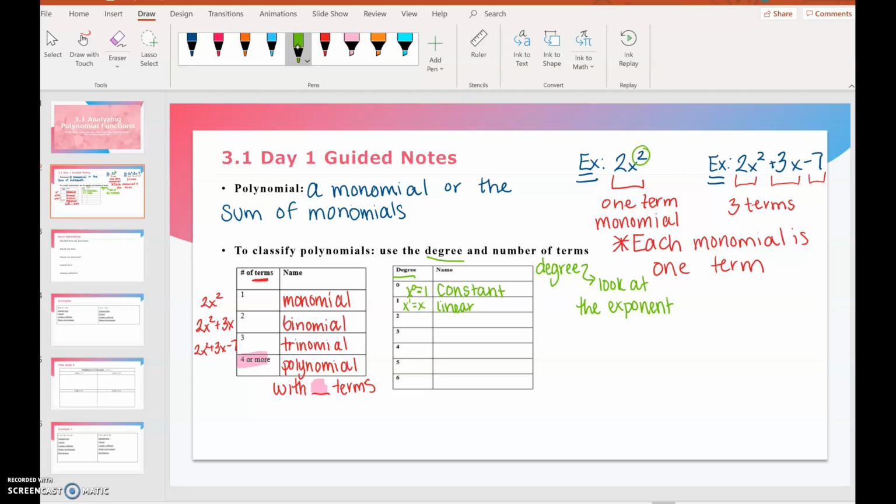And then going up, x squared would be our quadratic that we dealt with last chapter. The third degree would be cubic. Fourth degree would be quartic, and it just keeps going up. Then 5 would be quintic.